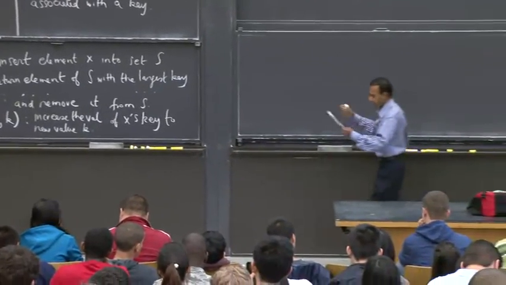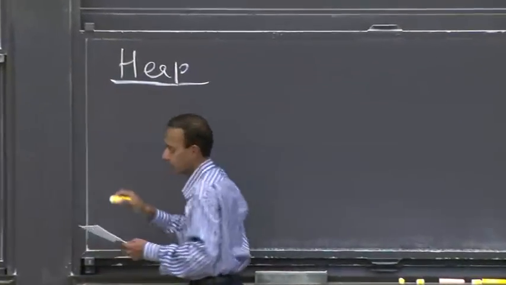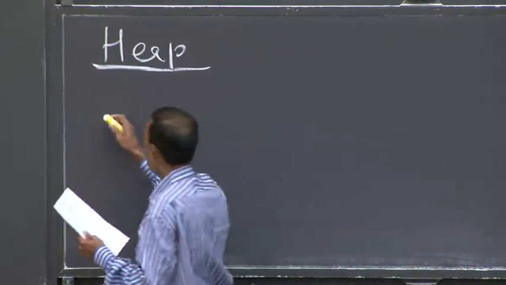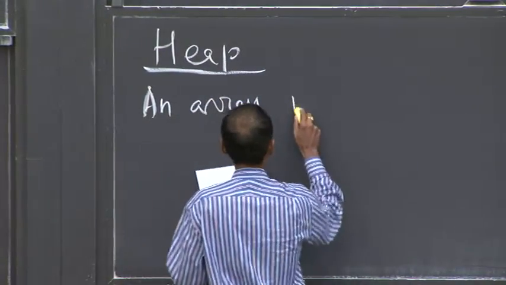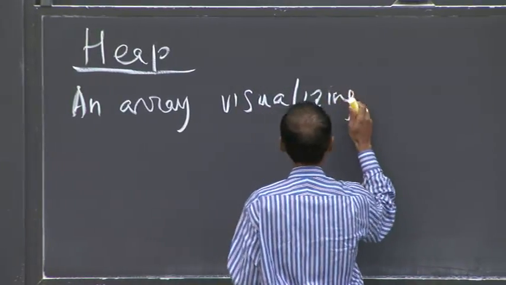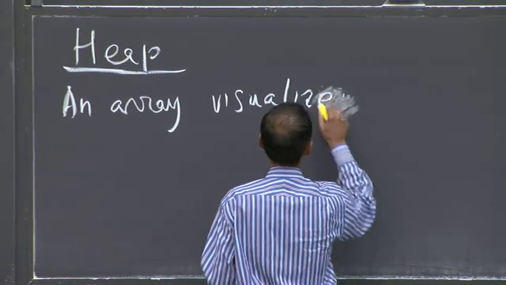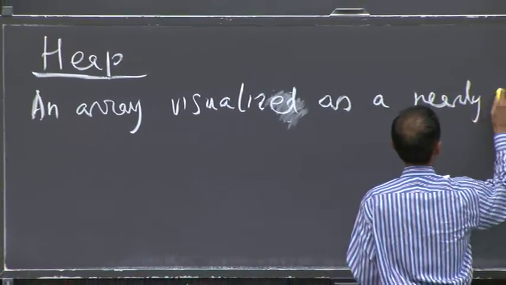All right? So let's talk about a heap. A heap is an implementation of a priority queue. It's amazingly an array structure, except that you're visualizing this array as a nearly complete binary tree.